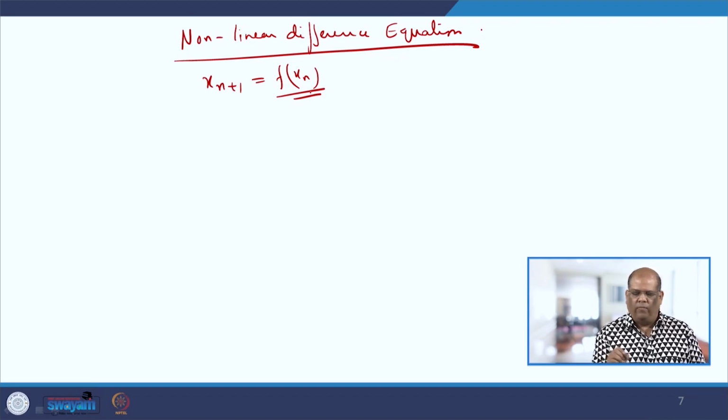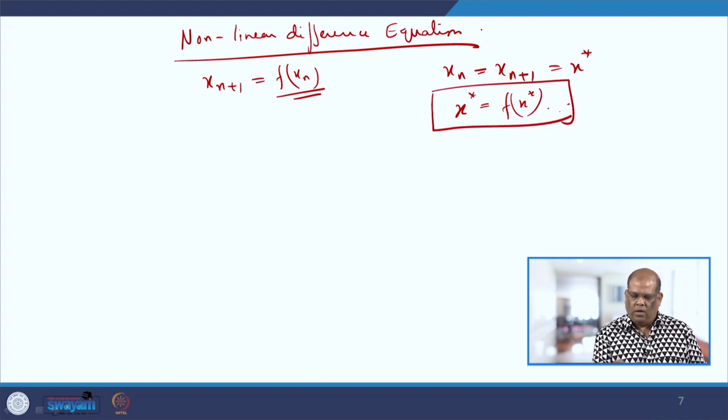And as usual, to find the equilibrium point, you have to consider that there is no change in the generation from n to n plus 1, and you replace this by x star. So, for equilibria, you will have x star equal to f of x star. I have replaced this by x star and this by x star.